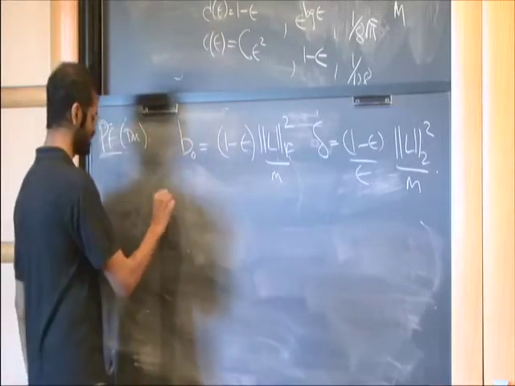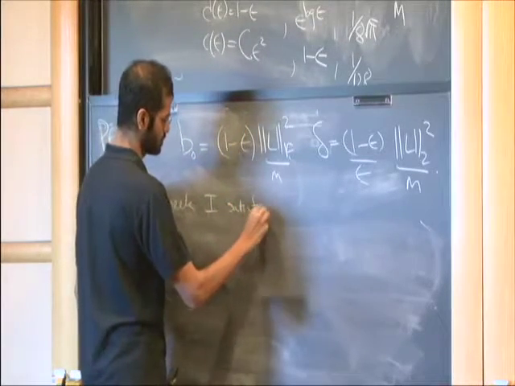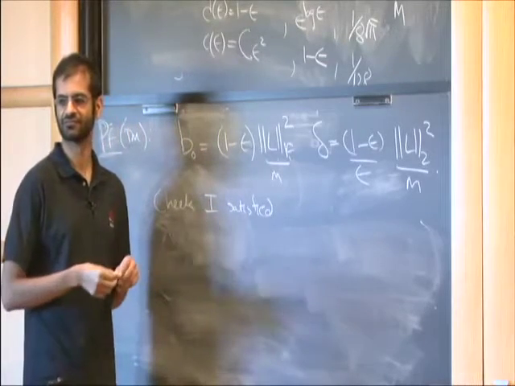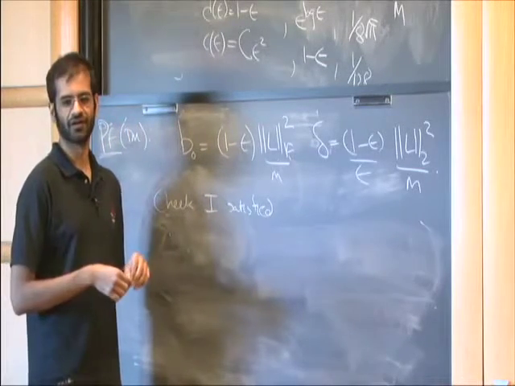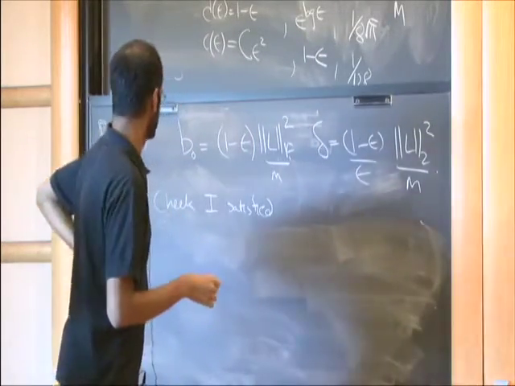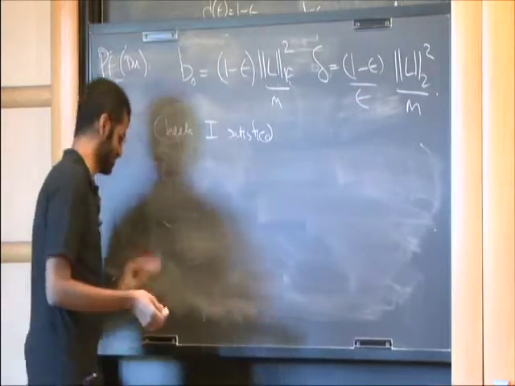So if I set these things up, I can check that 1 is satisfied, with equality. Do you want me to do it? You just plug it in. To check that 2 is satisfied, it's not hard, but you need to say something.